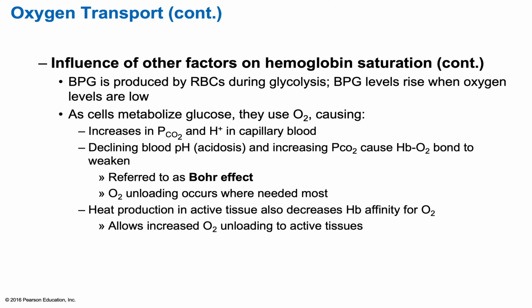It'll feel hot. A rise in temperature decreases hemoglobin's affinity for oxygen, both directly and indirectly. Collectively, these factors allow hemoglobin to unload much more oxygen in the area of hardworking cells in tissues where the cells are very active, such as skeletal muscle.